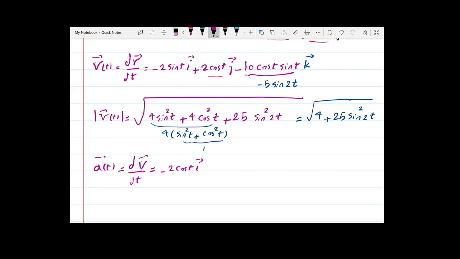The derivative of 2 cosine of t is negative 2 sine of t j. The derivative of negative 5 sine of 2t is negative 10 cosine of 2t k.